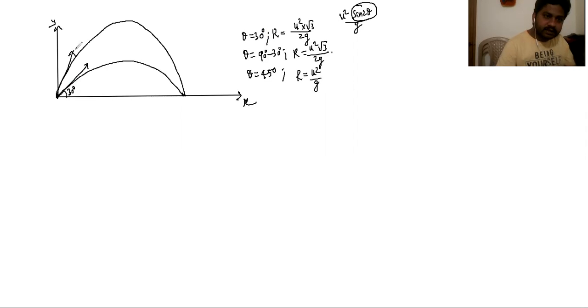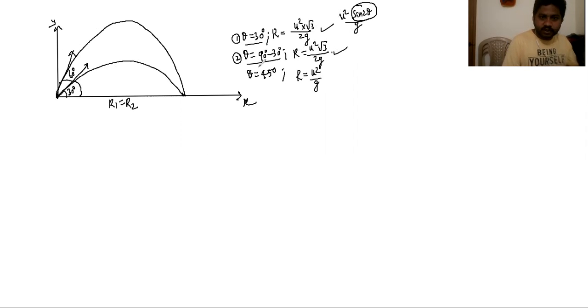You can imagine some 60 degrees, that means 90 minus 30, right? So range is the same, you can see. So R1 is equal to R2, because this is my first case and this is the second case. For 30 degrees you got the same range, and for 90 minus 30 degrees also you got the same range.